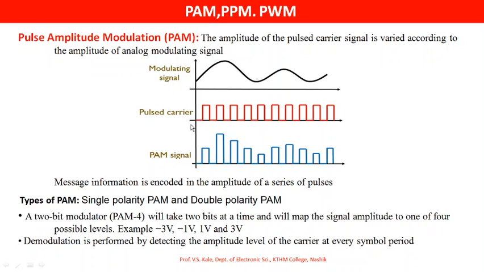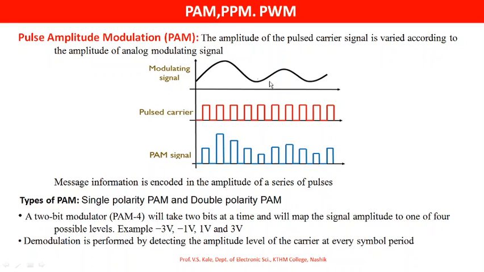The second figure is the pulse carrier. A number of pulses are shown. This is the carrier wave. Now in PAM, the amplitude of the pulse carrier signal is varied according to the amplitude of the analog modulating signal. Now observe the related PAM signal. As the modulating signal amplitude increases, here the carrier amplitude also increases.